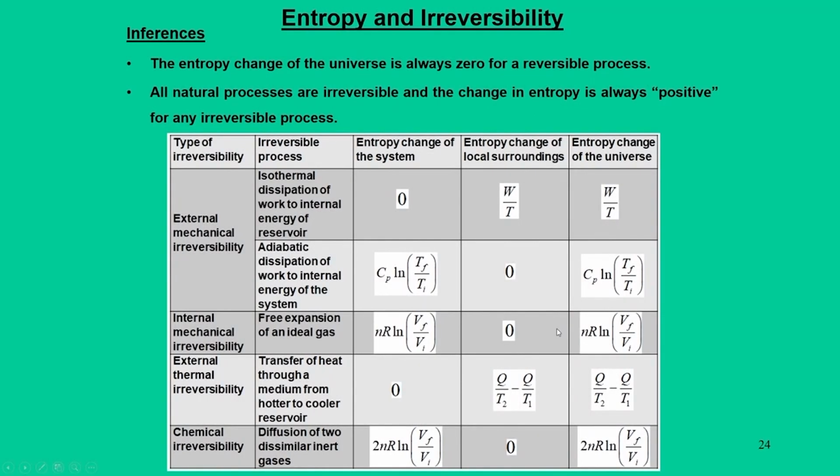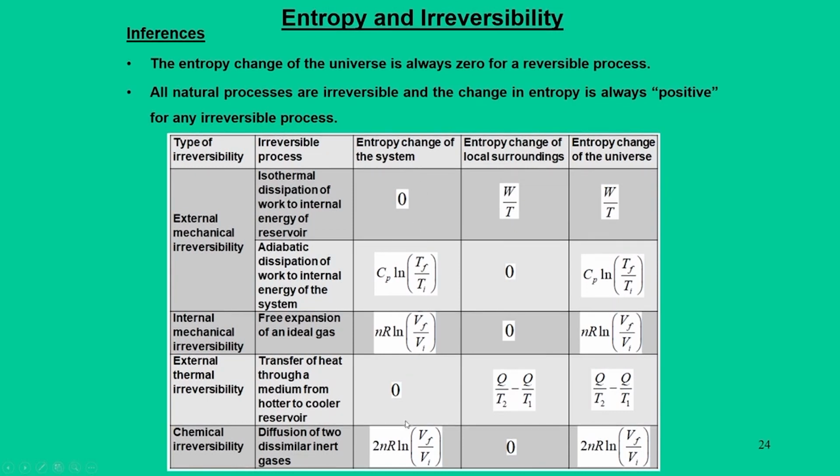Now, what we have discussed so far, if you can summarize, is that there are 4 particular cases: external mechanical irreversibility, internal mechanical irreversibility, external thermal irreversibility and chemical irreversibility.